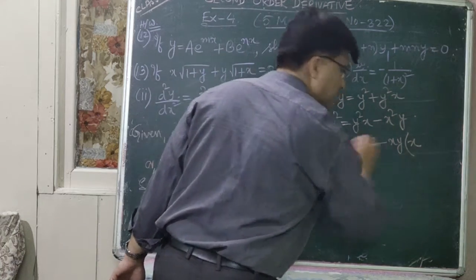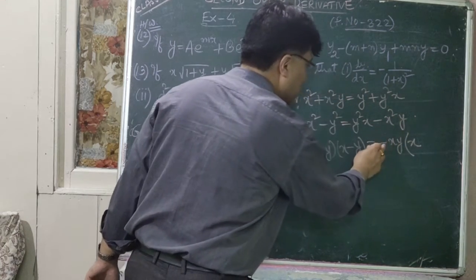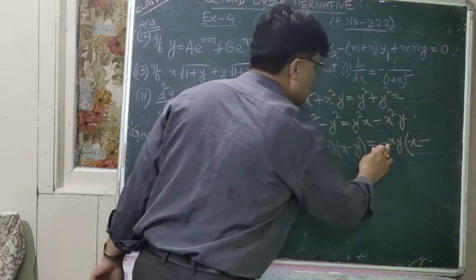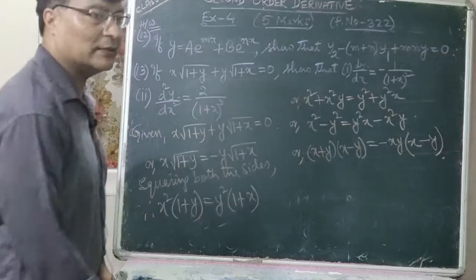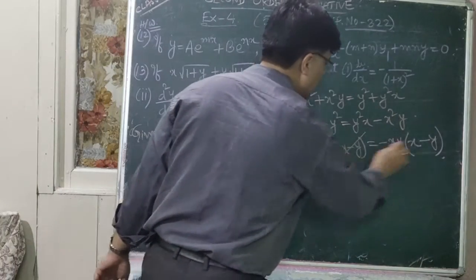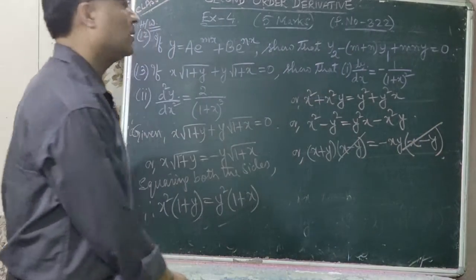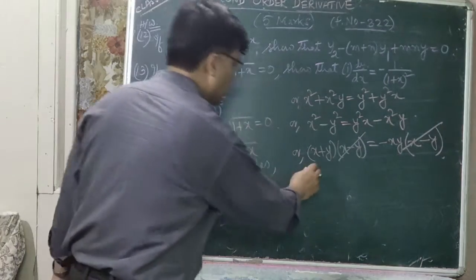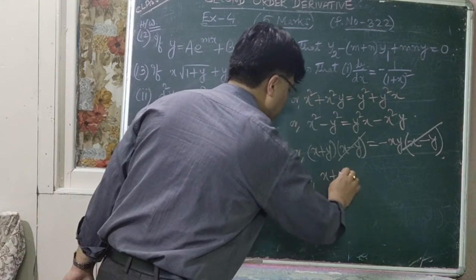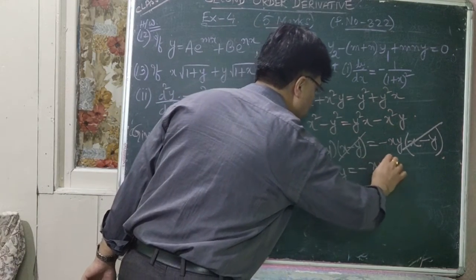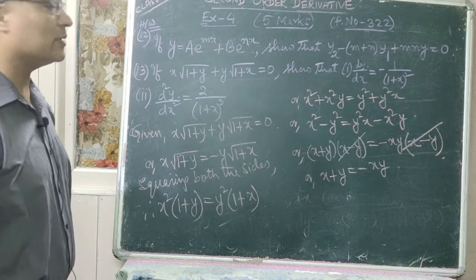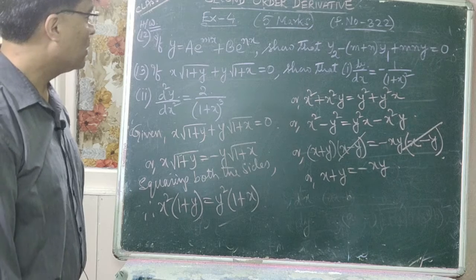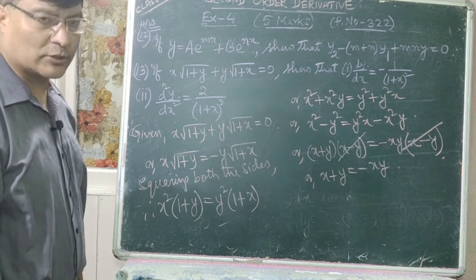So this is x, y is there, so minus to plus is minus. Since xy is taken common here, so it is y. Is that clear? So from both the sides you cancel this x minus y, right? So x plus y is equal to minus xy. So I think you have understood it.